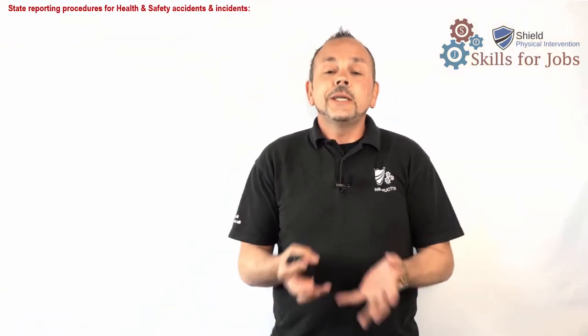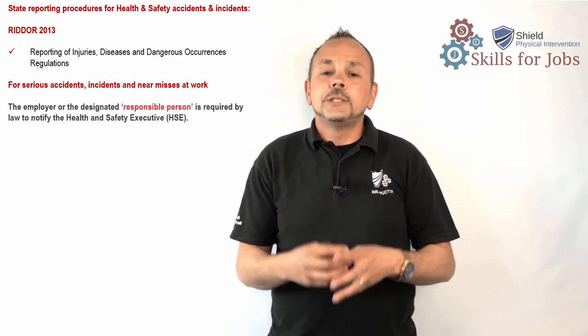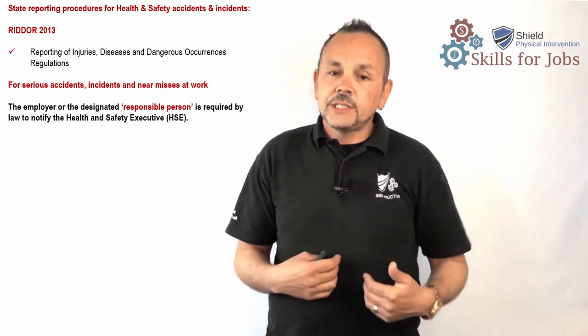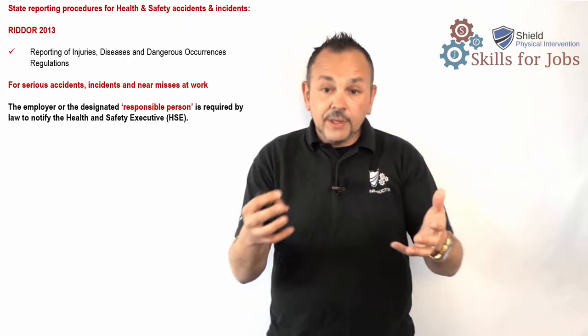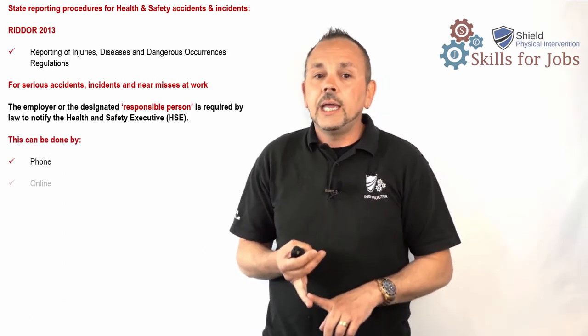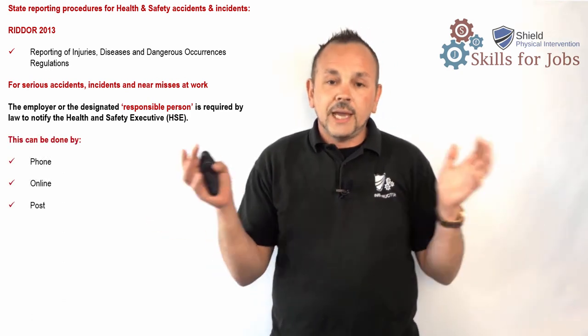And then at a more serious level, we have the RIDDOR. The RIDDOR stands for Reporting of Injuries, Diseases and Dangerous Occurrences Regulations. The RIDDOR regulations are for serious accidents or incidents or near misses that happen at work. The employer or the designated responsible person is required by law to notify the Health and Safety Executive about that incident. This can be done by phone, online, or by post, but it's important that it is done.